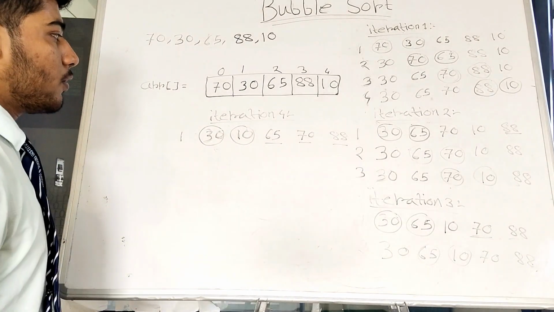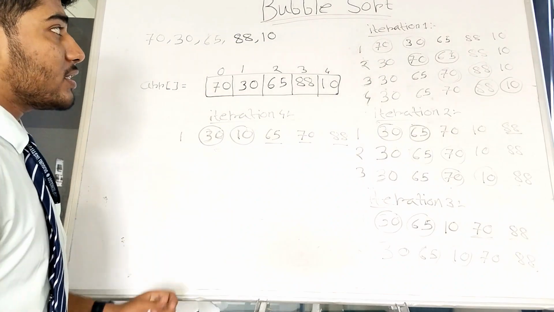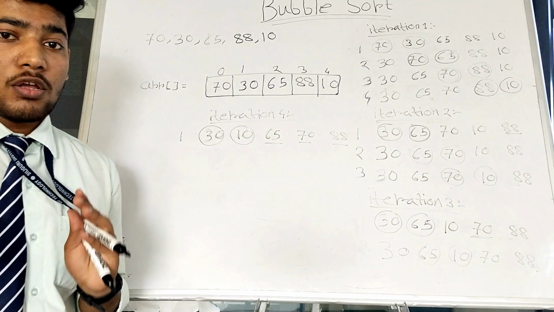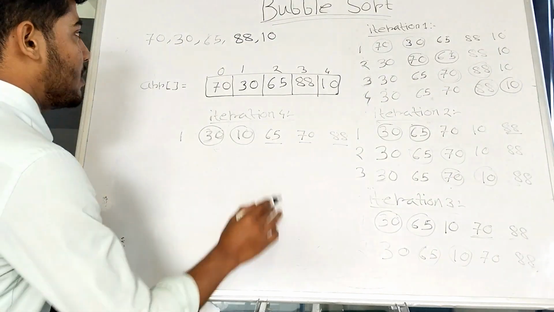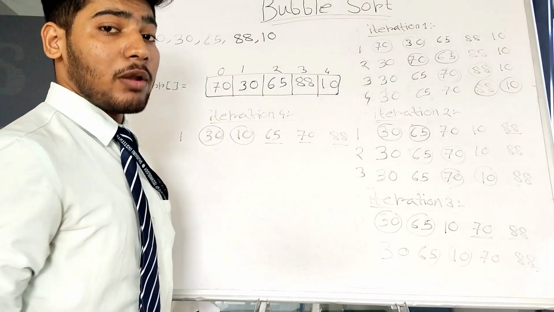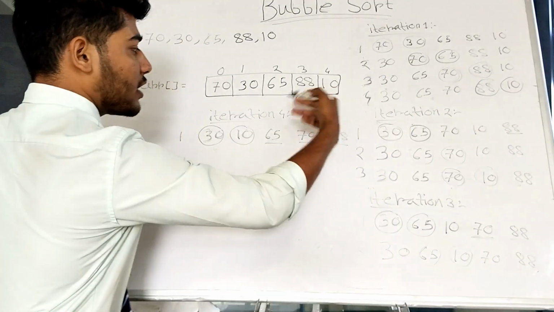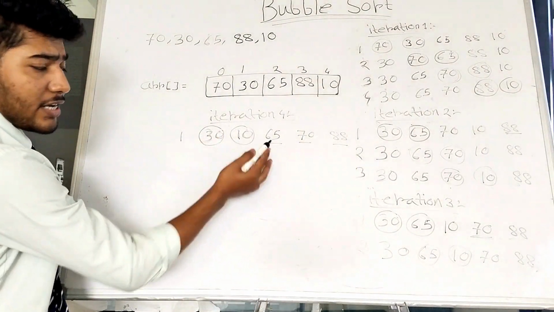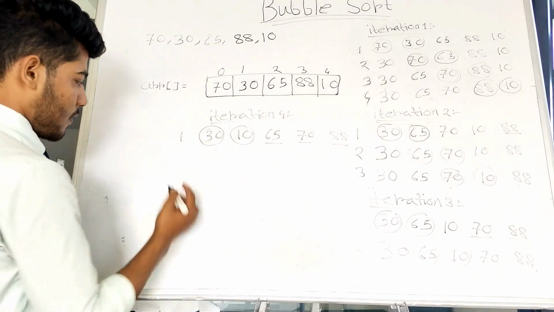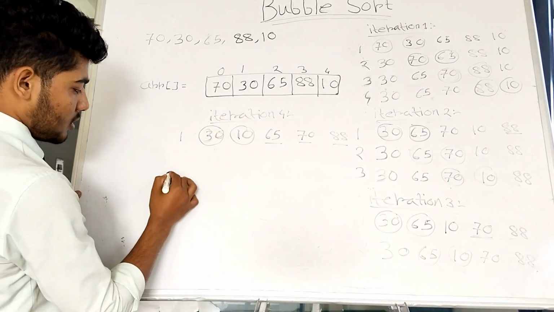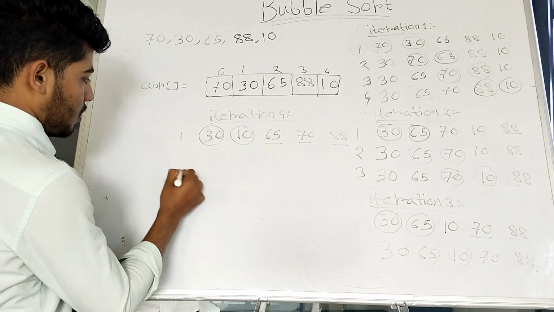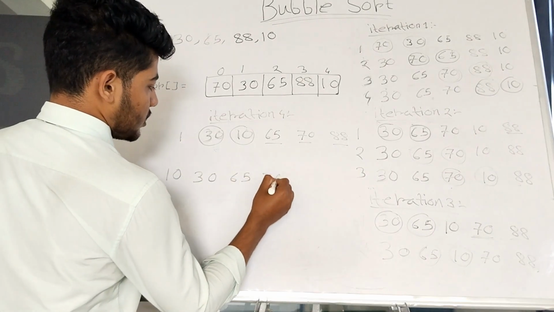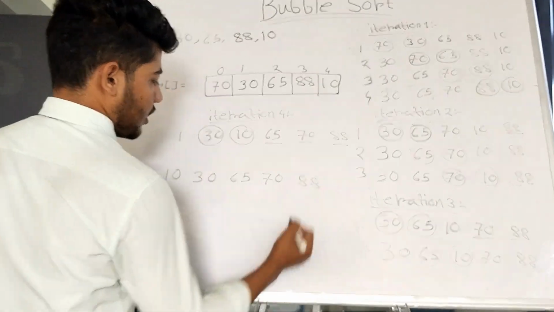So now it will stop here because in the bubble sort algorithm, only n minus 1 iterations are possible. So n minus 1, where n is 5, means 5 minus 1, 4 iterations. 4 iterations are completed. Now it will interchange, and after the interchange the result is 10, 30, 65, 70 and 88.